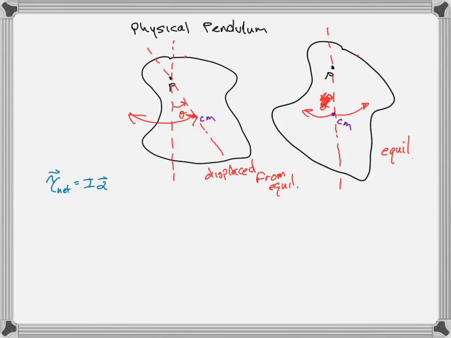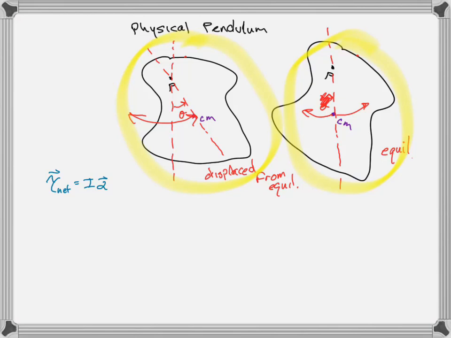Because when we pull this, again, the picture on the right is equilibrium, and in the picture in the middle, we have pulled it away from equilibrium. What force is pulling it back towards equilibrium? I guess I didn't explicitly say, but the only way that this is actually going to move when I pull it away from equilibrium is if this is hanging in the Earth's gravitational field, right?